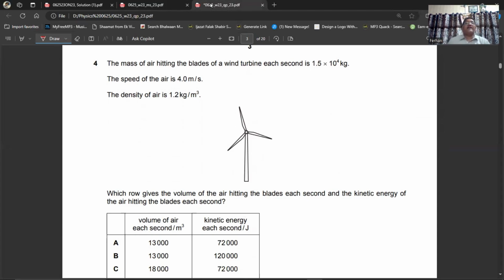Which row gives the volume of the air hitting the blades each second and the kinetic energy of the air hitting the blades each second? Okay, so we know the density and the mass of the air, so we can find the volume. If we know the mass and the speed of the air, we can find the kinetic energy.